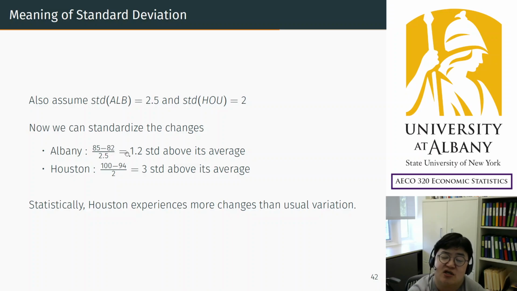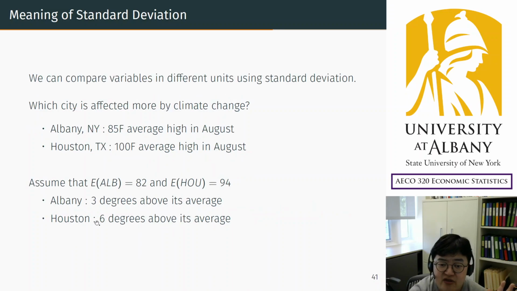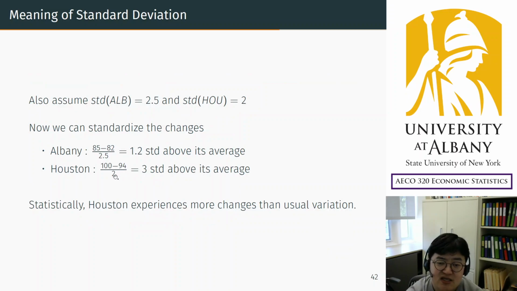standardized change, right? So Albany increased 3 degrees, but relative to the standard deviation, it's only 1.2 standard deviations above its average. But in Houston, it was usually stable, but this year it was 6 degrees above. So then, 6 degrees in a stable city is a much larger, statistically larger change.